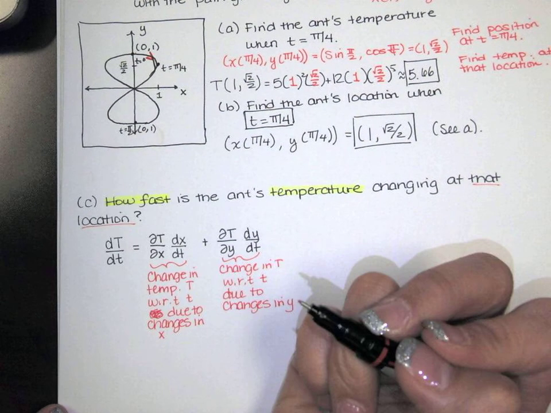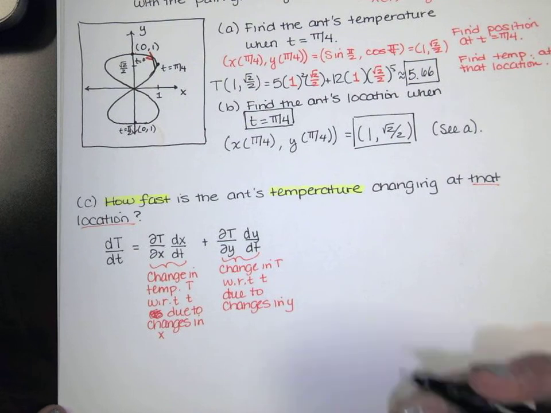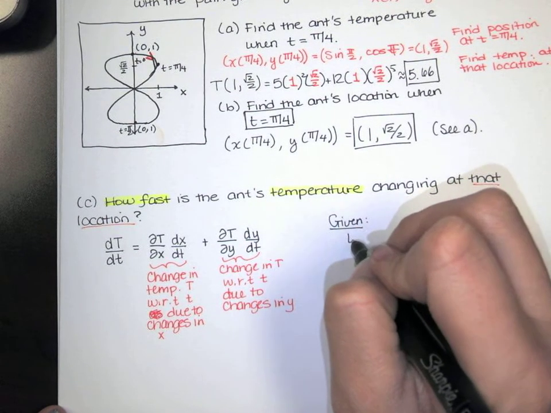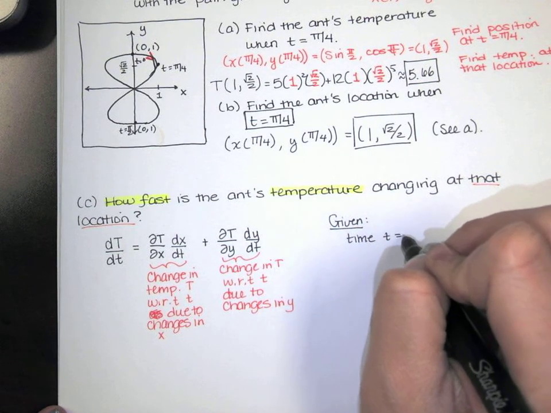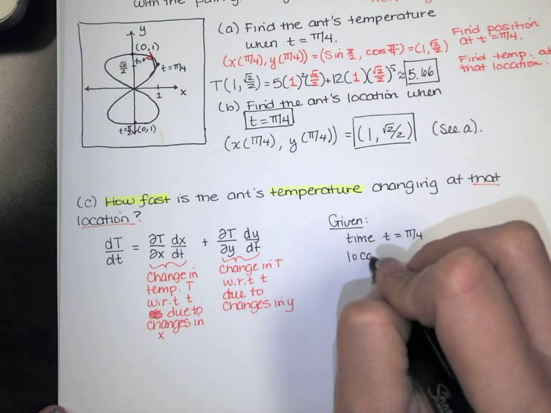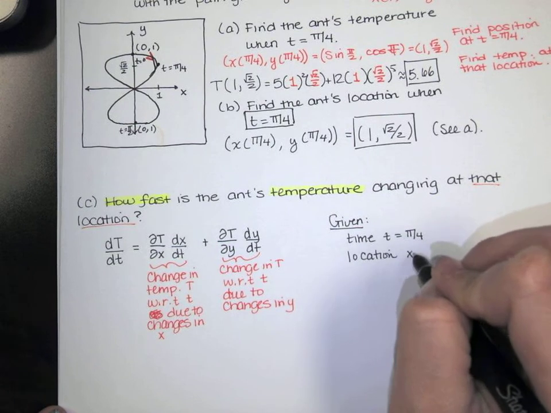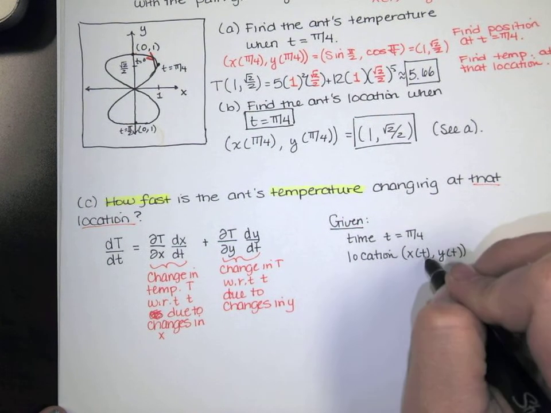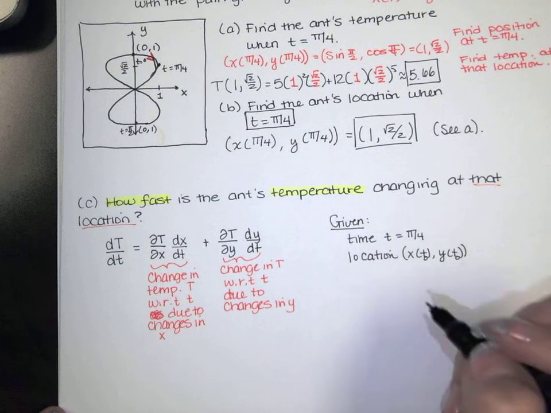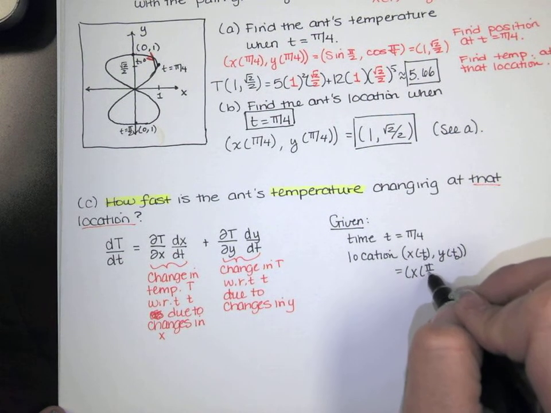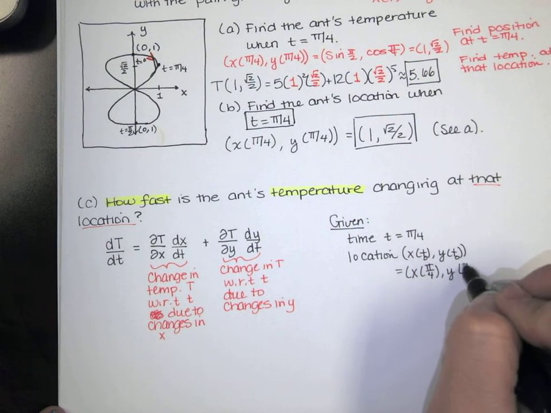And the location is associated with a few other things. So let's say we're given a particular time. At that time, we're at a location, which is given by the components of the vector valued function r of t. So this is x of pi over 4, y of pi over 4.